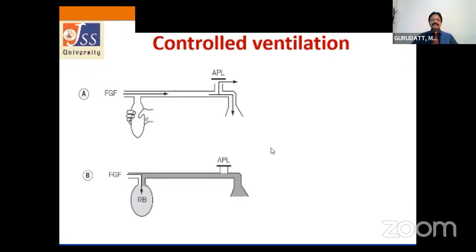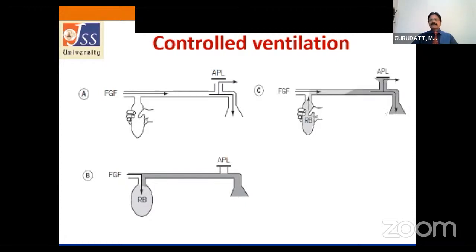So during the next inspiration, as the bag is squeezed, whatever is close to the patient is the alveolar gas, all the alveolar gas will be going to the patient, because immediately the APL valve will not open till a sufficient pressure is created. When the sufficient pressure is created, most of the fresh gases and also the dead space gases may go out of the APL valve.